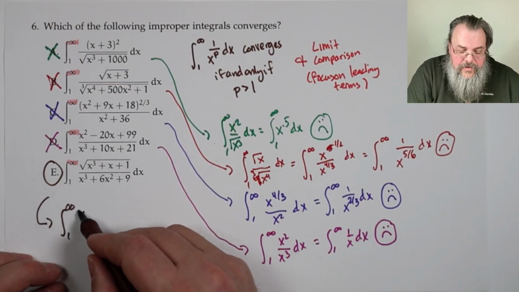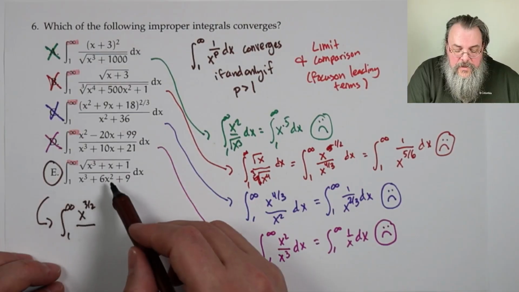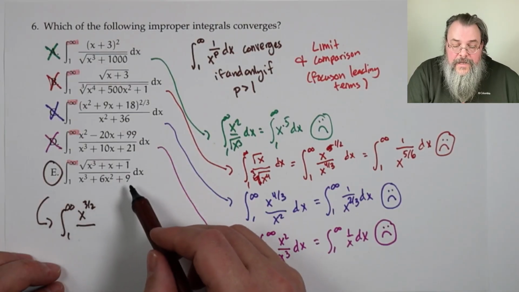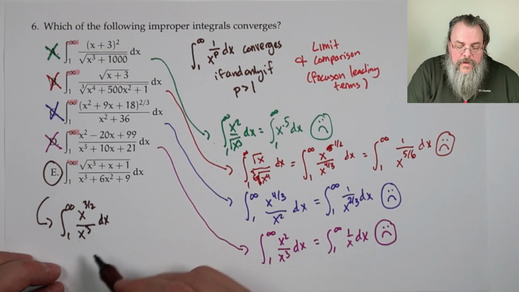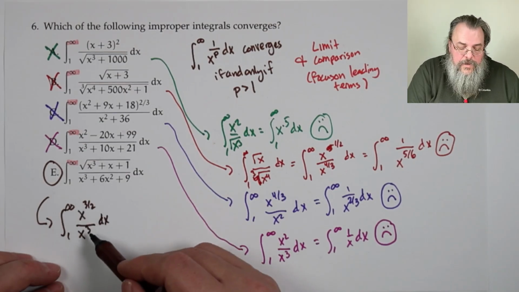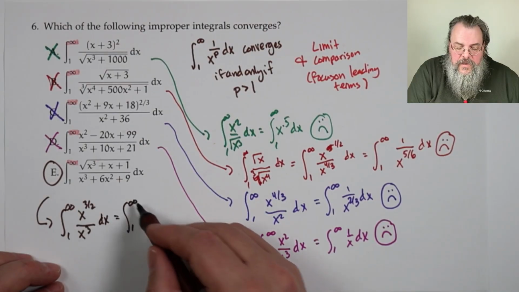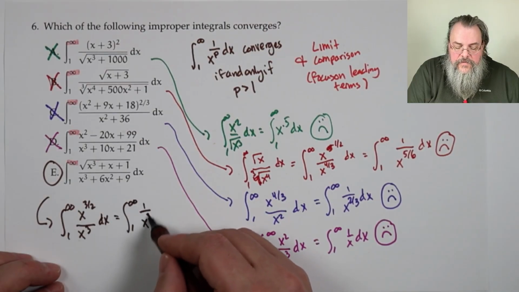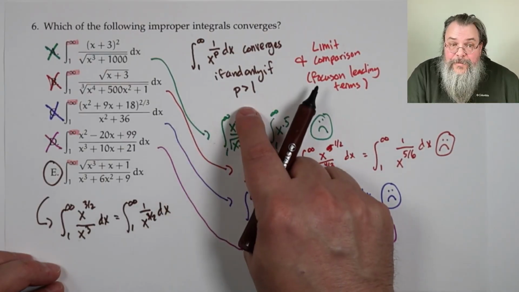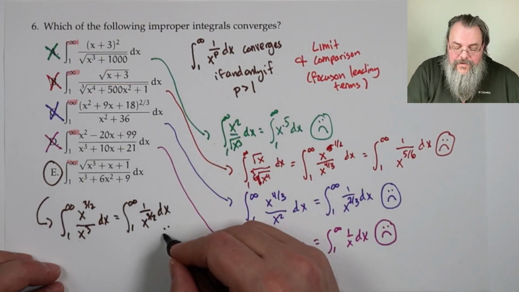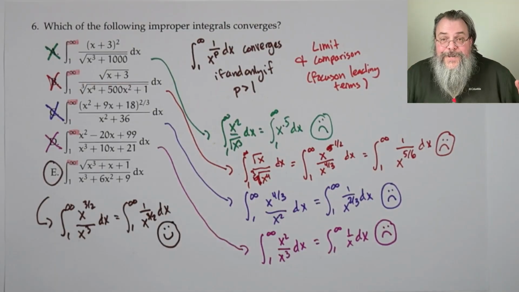So upstairs is x to the 3/2. Downstairs, x cubed, 6x squared, 9, the x cubed dominates. And we say, okay, what's x cubed versus x to 3/2? Well, subtract, and this is like 1 to infinity, 1 over x to the 3/2. And now we say, well, wait, 3/2 is bigger than 1, so this will converge. And so life is good.